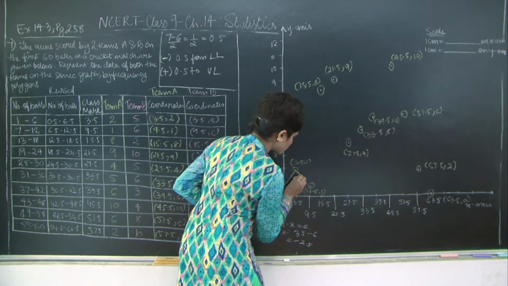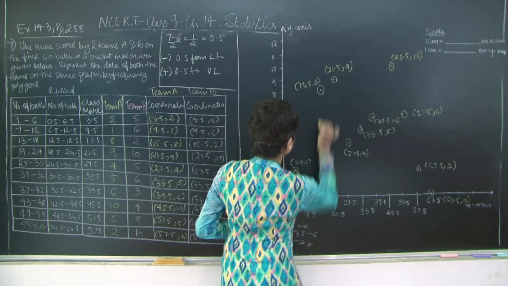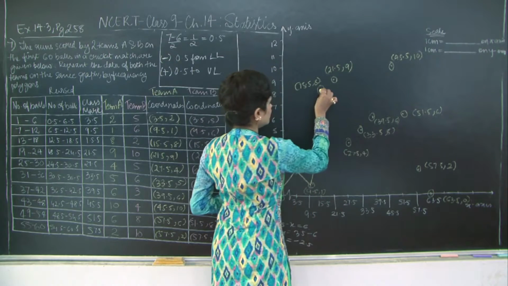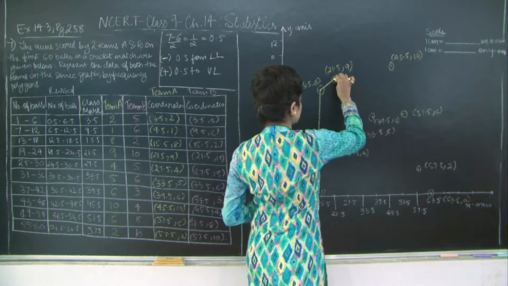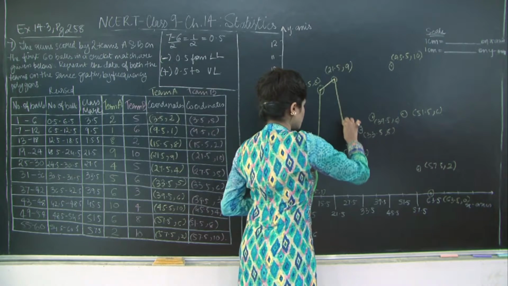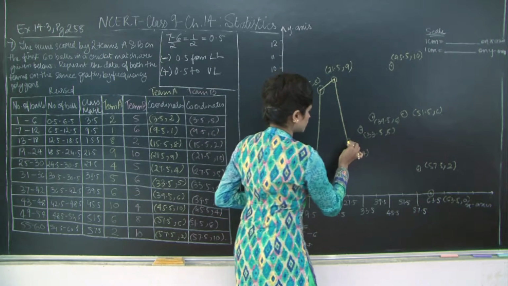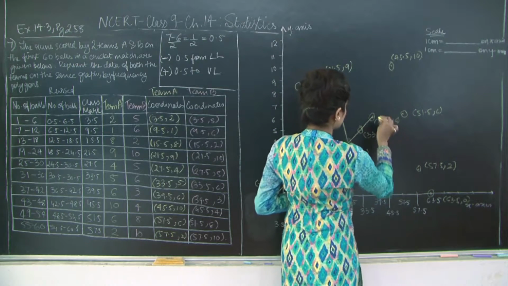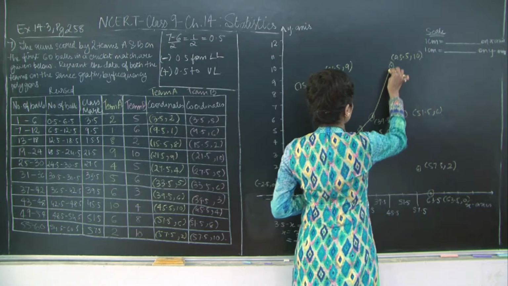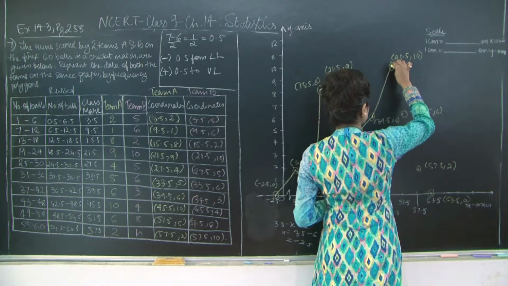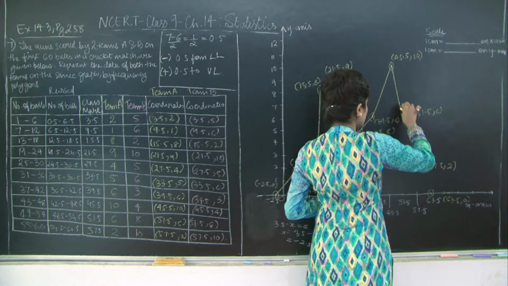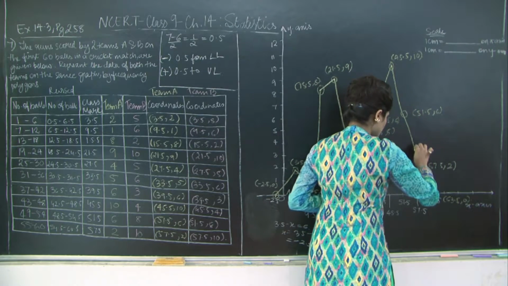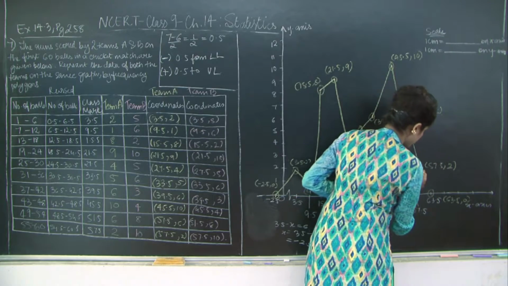This one will go downwards here, then again here, here, then again downwards, so what we are doing is drawing the frequency polygon. Once we are completed with the frequency polygon, we will give it a unique name and write down its name.